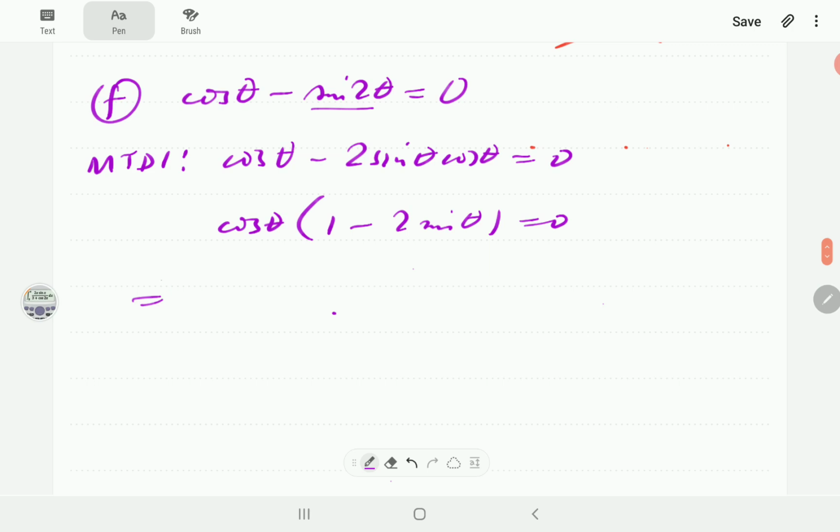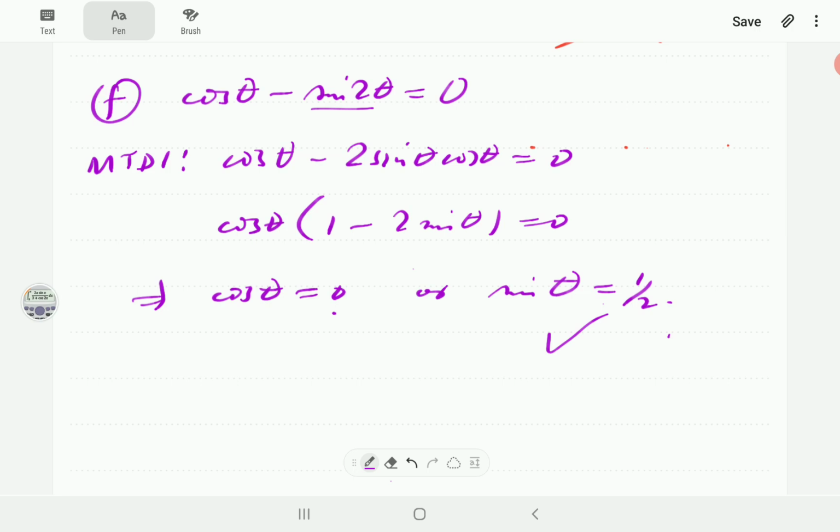Then this implies that either cosine theta is 0 or sine theta is equal to 1/2. Sine theta is 1/2, we already solved in example A, so we already have the solutions for this one. It's cosine theta equals 0 that we need to solve.